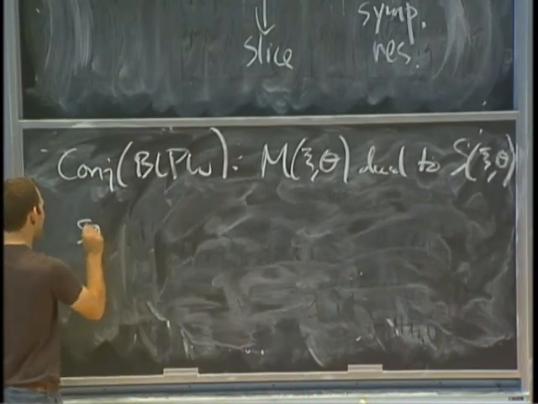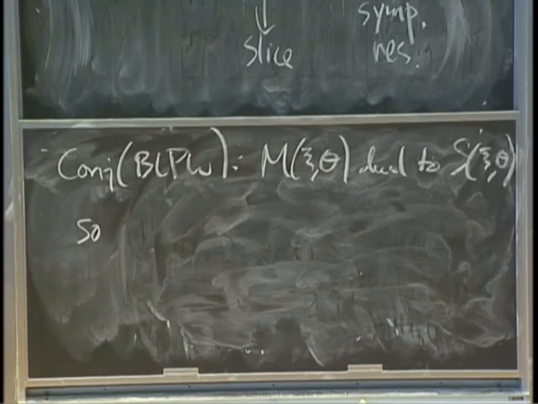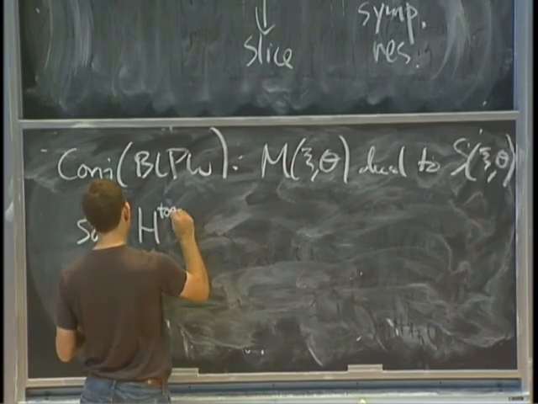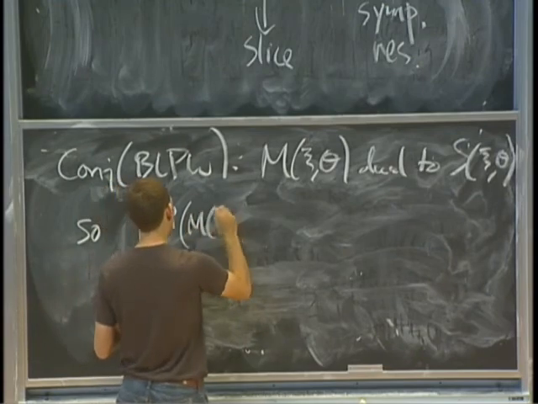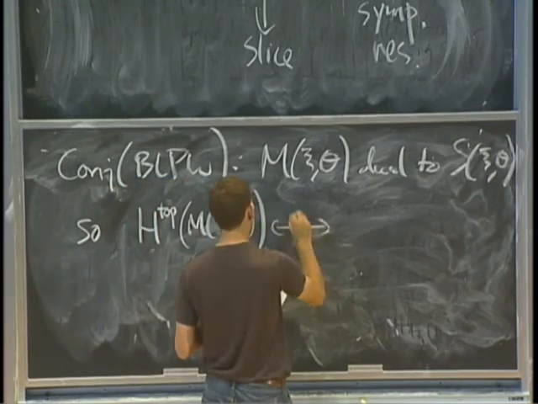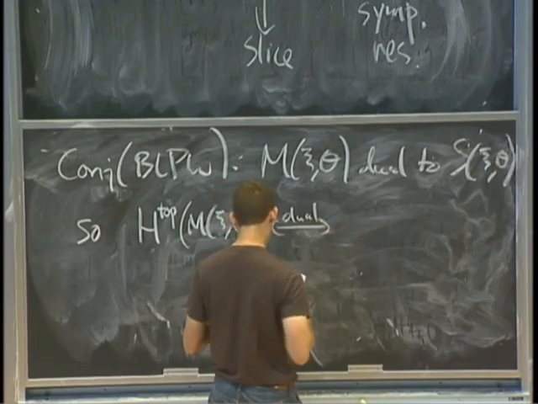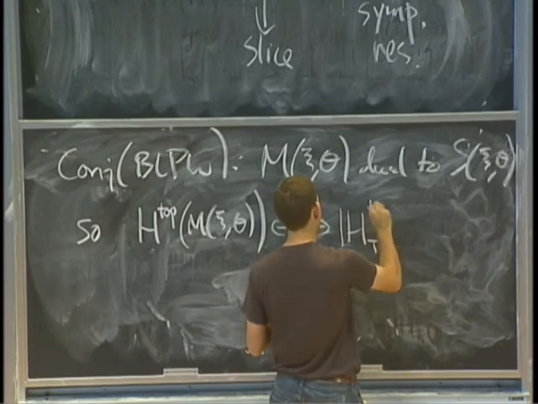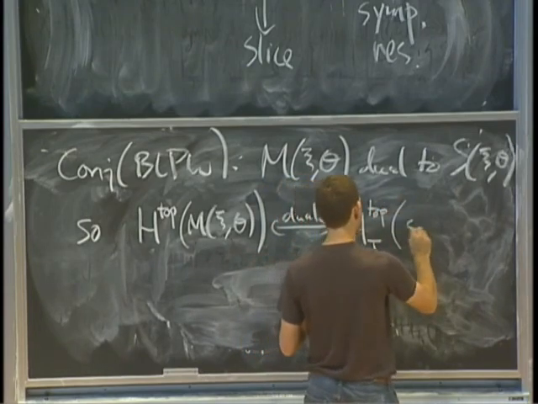And just to make sure all the dualities work out, let's sort of write down the consequences. So the top cohomology then of M Xi theta would be dual to the IH_T top of a slice.